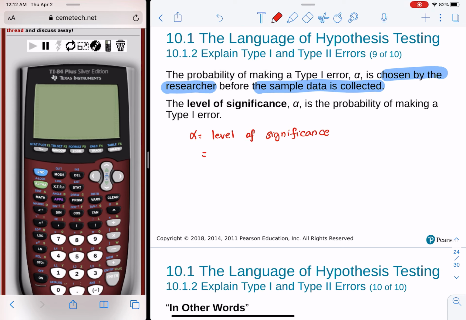But it is also equal to the probability of type 1 error, which is the same as saying the probability of a false positive, or false positive rate.